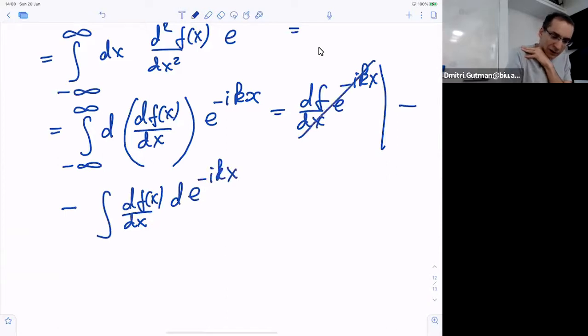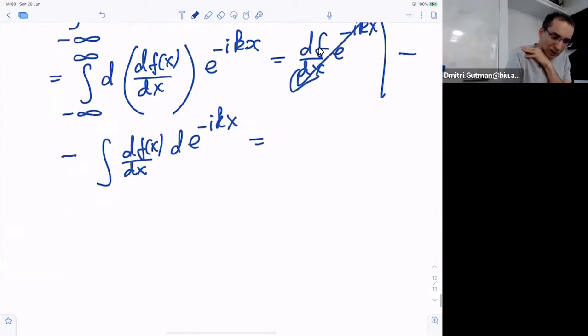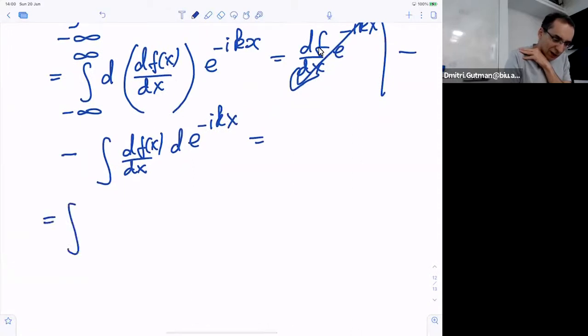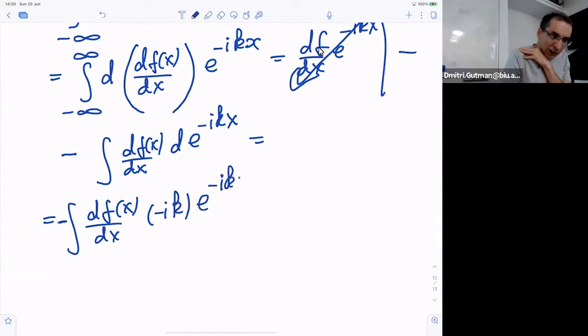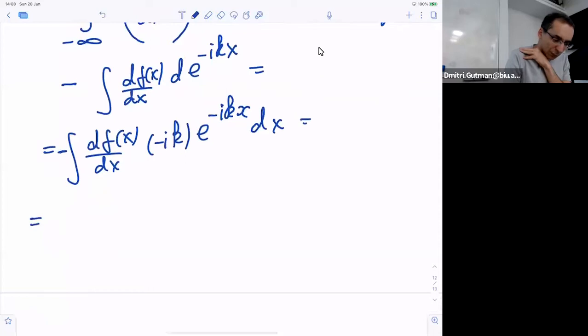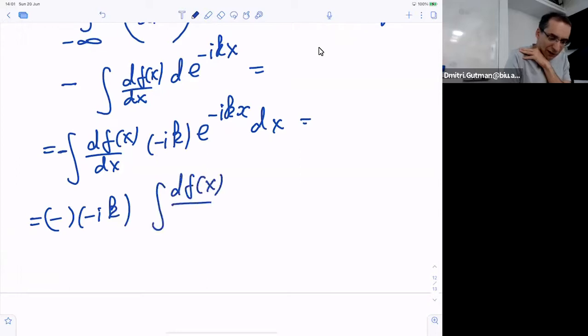Now, neglecting the boundary term, assuming that it vanishes, we are getting minus the integral of df of x over dx times minus ik e to the minus ikx dx, which is equal to ik times the integral df of x over dx e to the minus ikx dx.